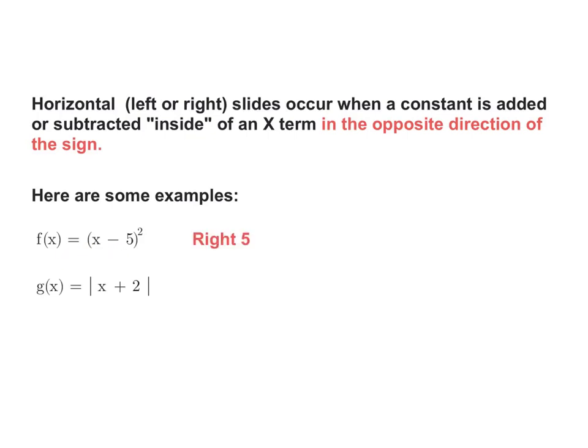Opposite of what you think. What about the bottom one? Left 2. That's all there is to it. So what would have been helpful yesterday when you were graphing your absolute value and trying to figure out where it turns, if you'd have known this then, you'd have been like, okay, I just got to take the regular absolute value and it's going to shift over, slide it over, and then I have a better idea where it starts.